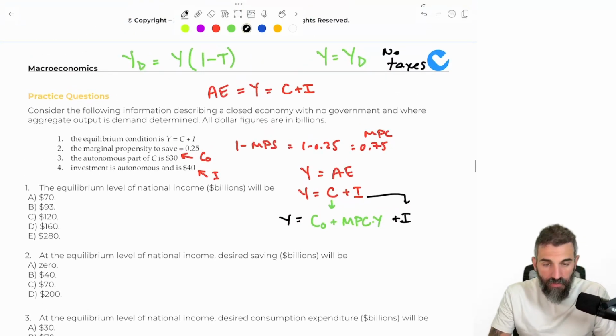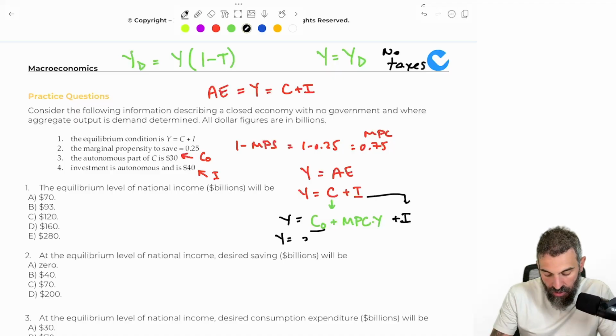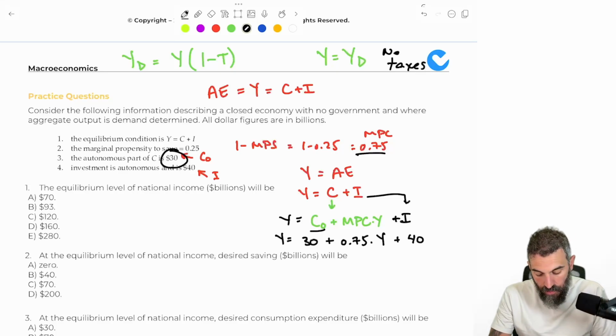Then you start to solve. What we're trying to solve for is Y, so I'm going to leave Y as it is. Autonomous consumption is $30, they said it right here. The MPC I found as 0.75. Y is what I'm looking for. And then investment, 40. Now we just do the math. Putting these together, Y minus 0.75Y equals 70.